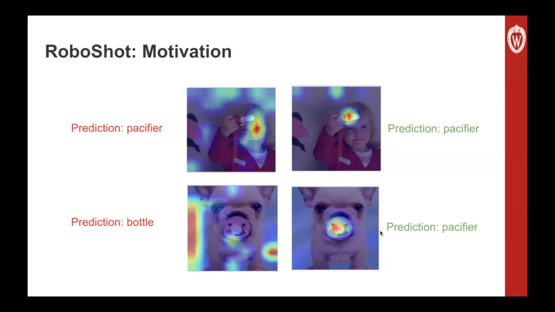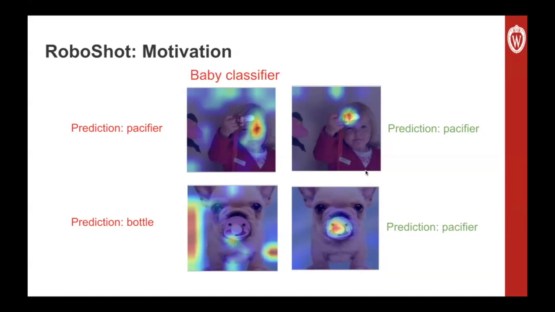So CLIP absorbs these spurious correlations in the training data. What we want to do with Roboshot is to improve CLIP so that it instead uses the correct features to make predictions. In this case, make predictions based on the actual existence of pacifiers instead of looking for a baby.